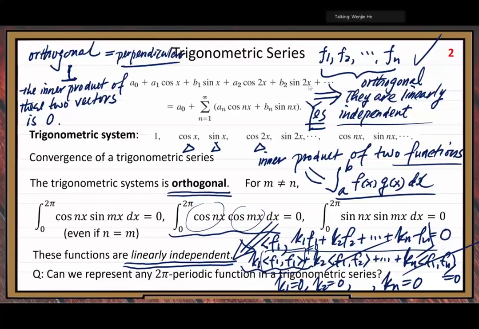So this way is much better than the Wronskian method when you check linear dependence or independence. More robust, right? When the Wronskian method fails, this also works. So this method is more robust. How about it? Okay.